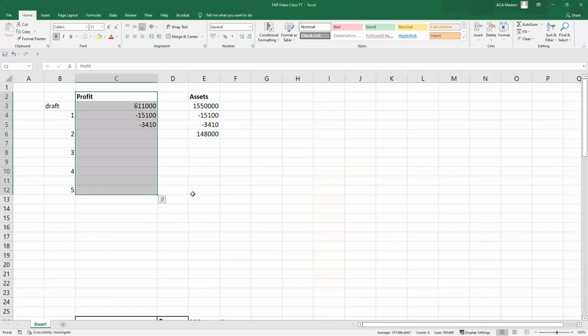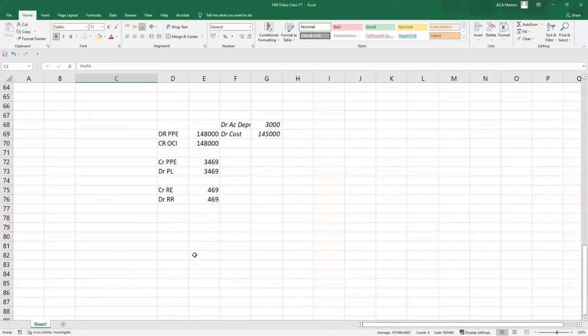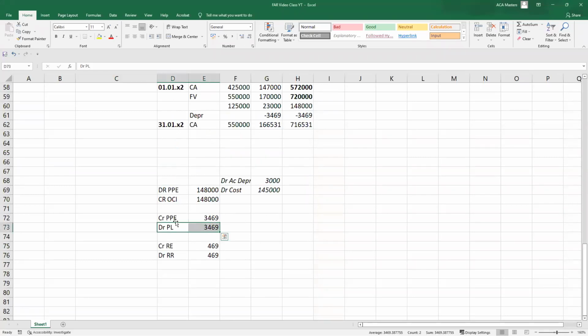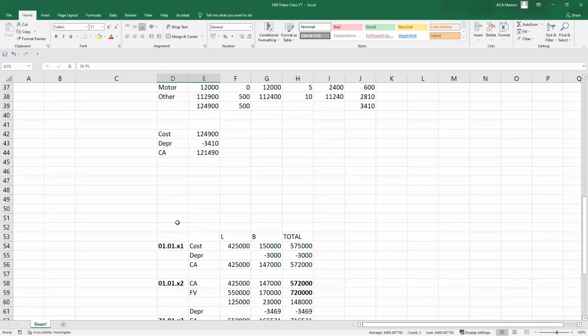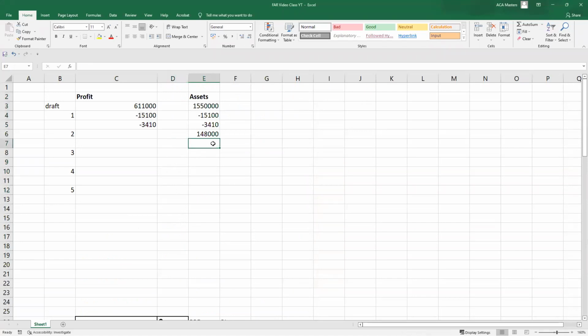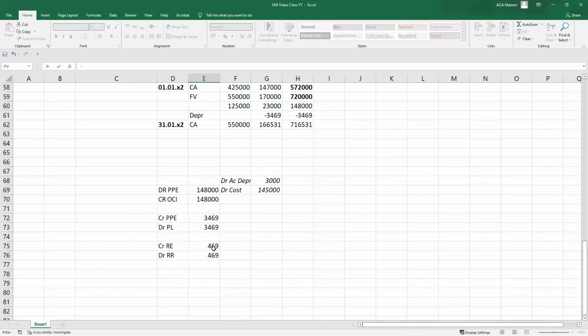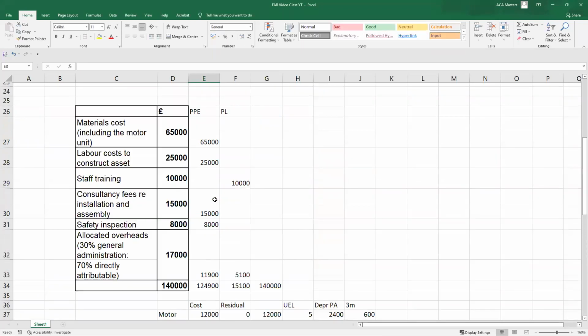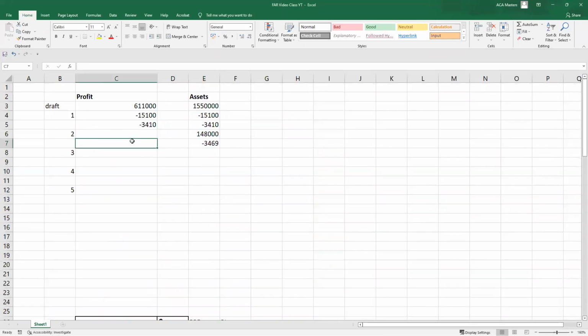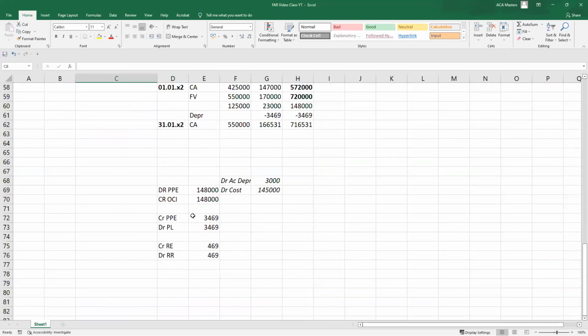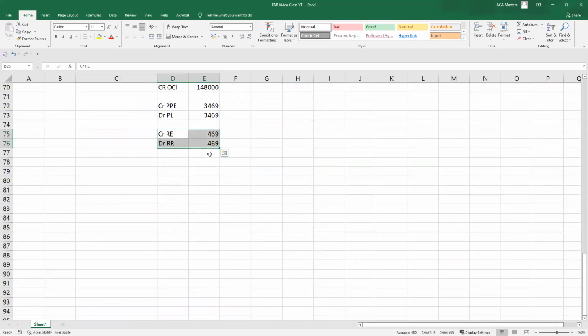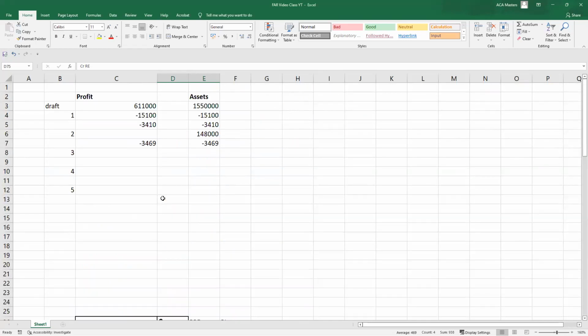So we're not going to show that anywhere. They haven't asked us to show the OCI. So then we've got the additional depreciation, which reduces the PPE because we're depreciating the asset. And of course, it also reduces profit. And then the final adjustment was that reserves transfer, that equity transfer between retained earnings and revaluation reserve. And if we're just preparing profit and assets, that isn't going to have an impact there.